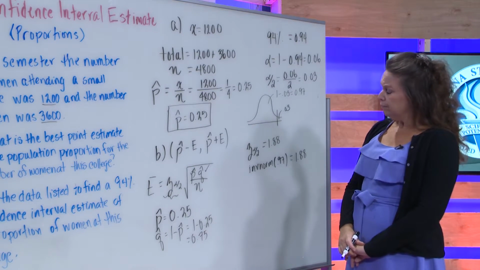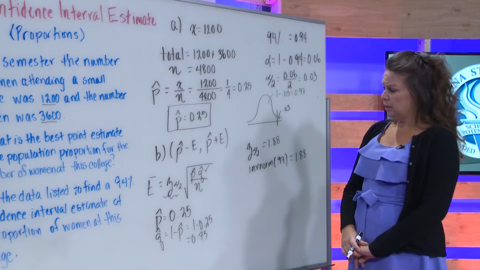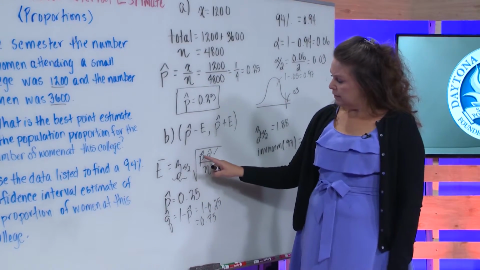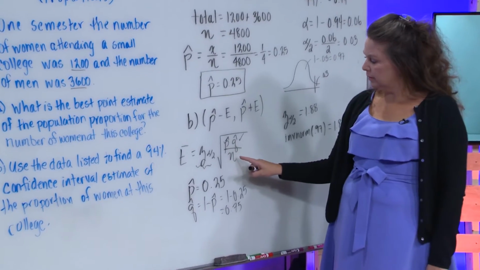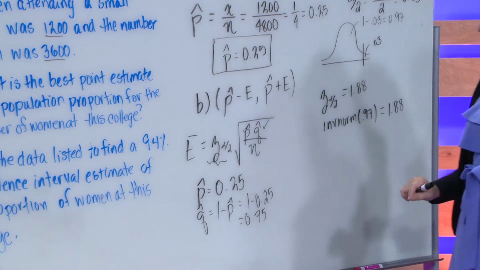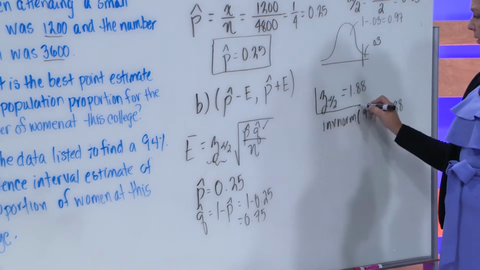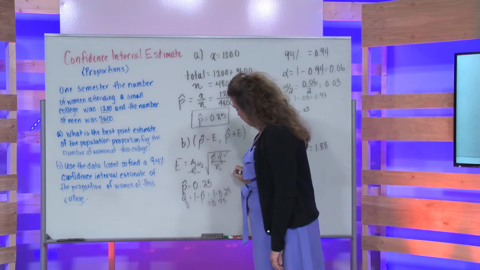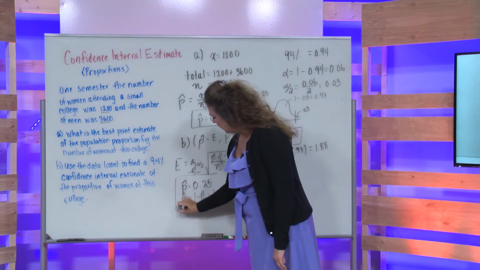Now I'm going to look at all of the pieces of the puzzle that I need. I need Z alpha over 2, the P hat, the Q hat, and N, and from there I'll be able to calculate the margin of error. Here is our Z alpha over 2. Here is our P hat and Q hat.